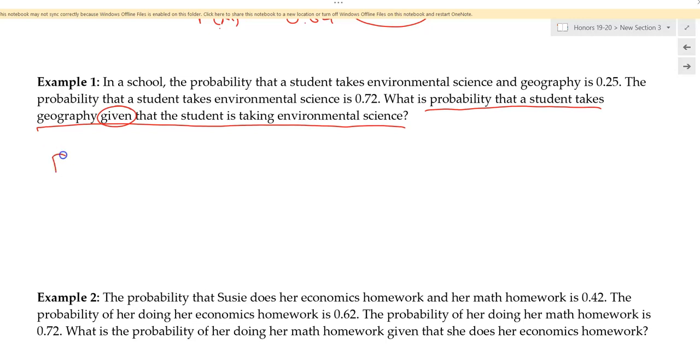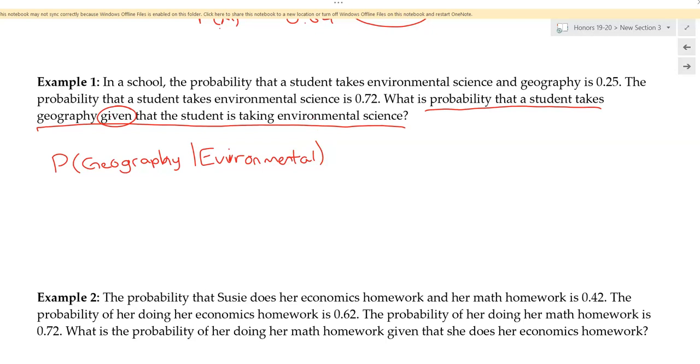So we're doing the probability of geography given environmental. And it's okay to abbreviate.